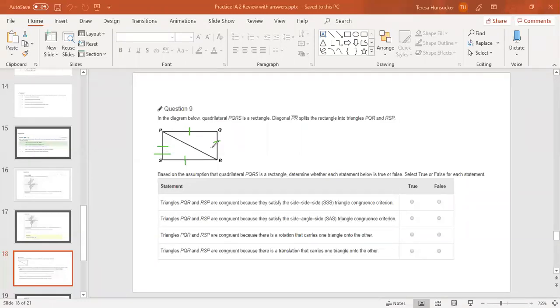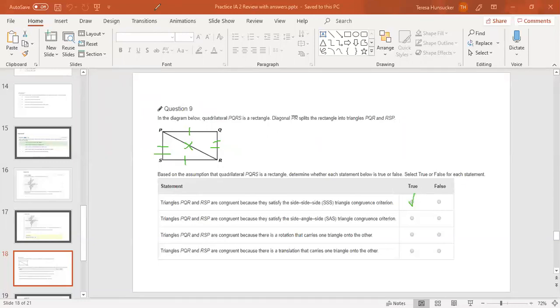And those are your shorter sides, so I know that PS corresponds with QR. I also know that PR is a side in both triangles, so segment PR is congruent to itself. So I have 3 pairs of corresponding sides congruent, so the triangles are congruent by side, side, side.